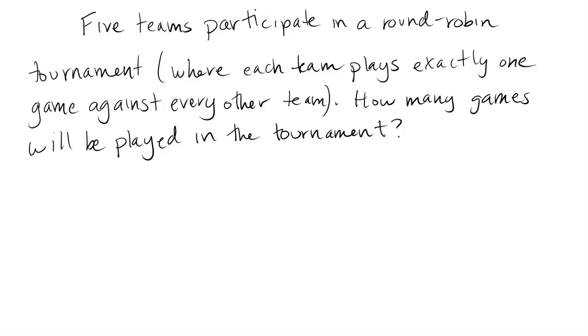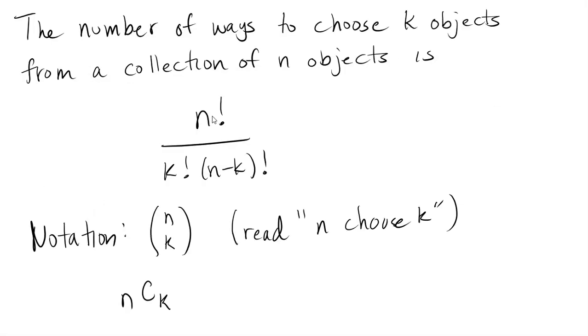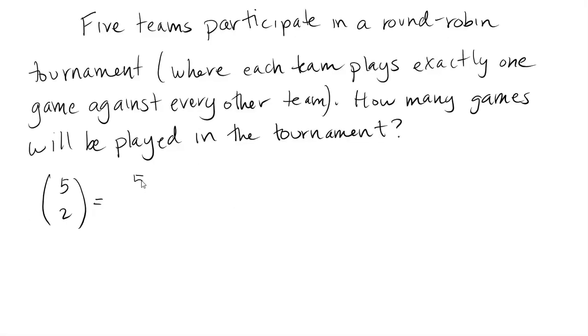Well, that would be 5 choose 2. And our formula says that 5 choose 2 will be 5 factorial over 2 factorial times 5 minus 2 factorial. That's 5 factorial over 2 factorial times 3 factorial.